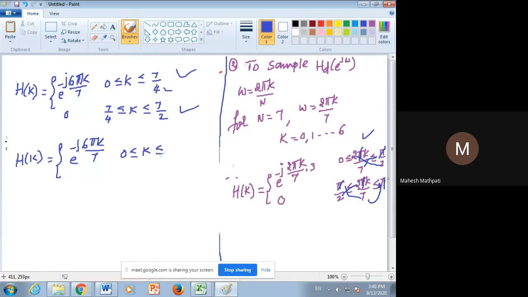What is the nearest integer value of this now? 7 by 4, क्या होता value? What is the value of 7 by 4? 1.75. 1.74. उसका नियरेस्ट इंटीजर वैल्यू क्या होता है?